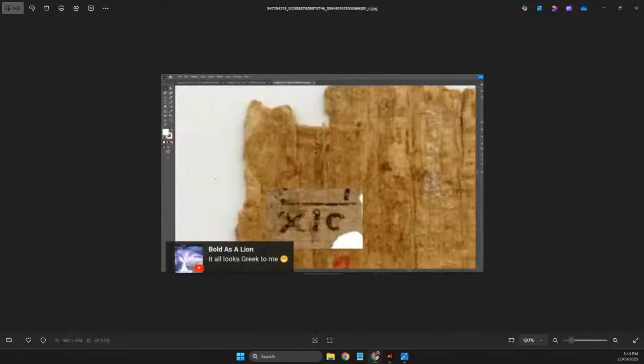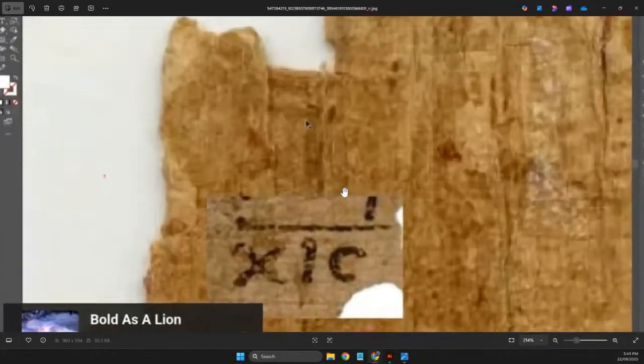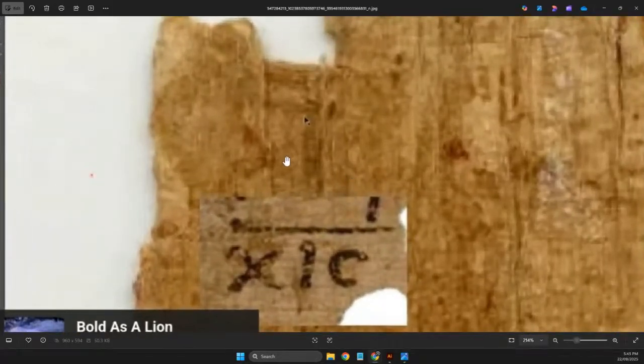And I guess the thing is, what I've seen is people have just been so quick to dismiss this. I can't unsee it. You know what I mean? That's all I'm seeing there is just this nomina sacra line, a chi, an iota, and a sigma. And to me, it looks very similar to this. I haven't even sized that.